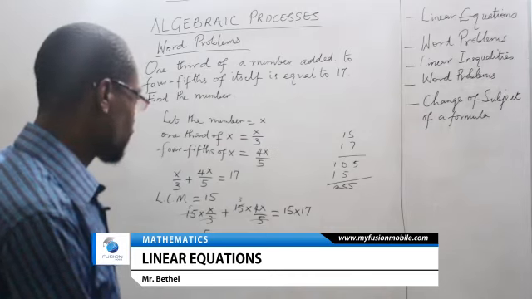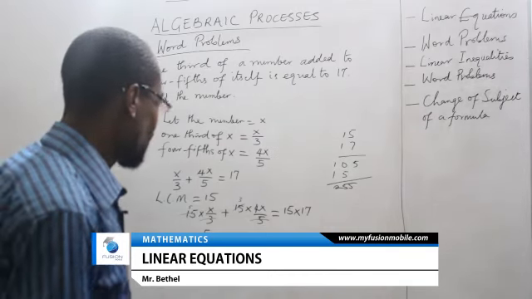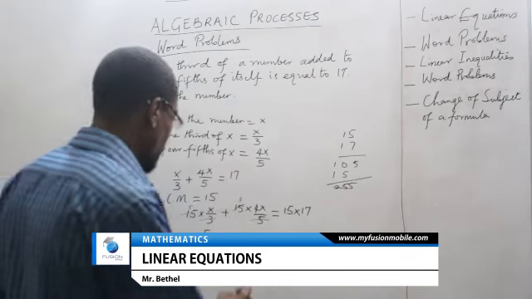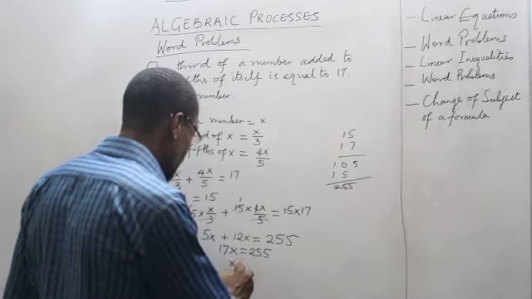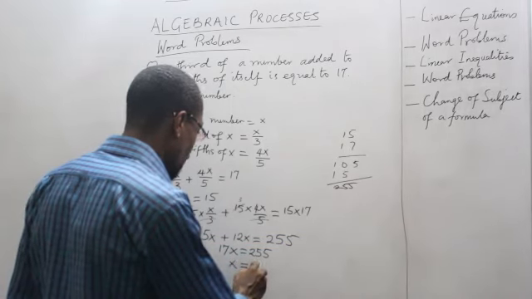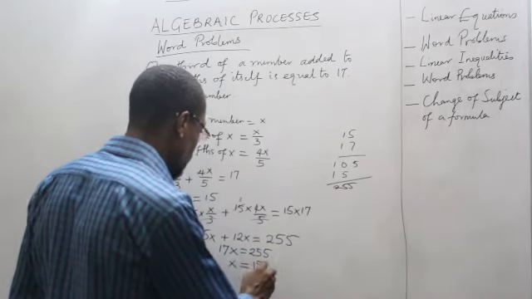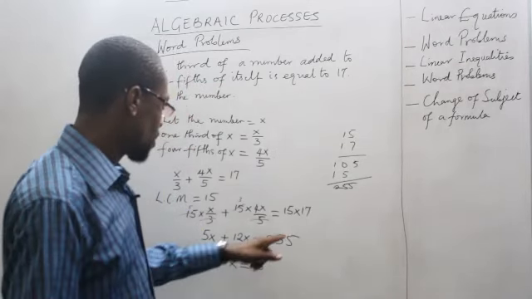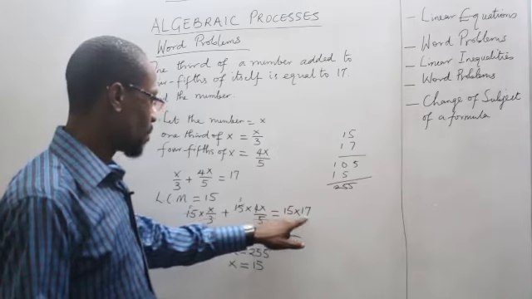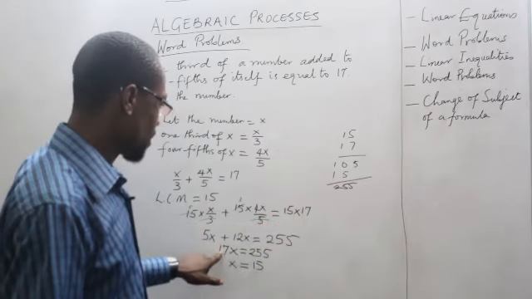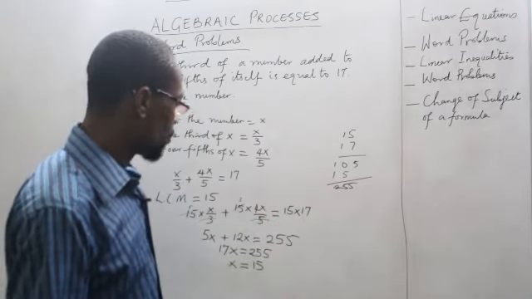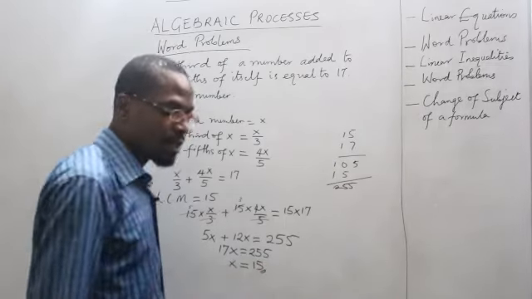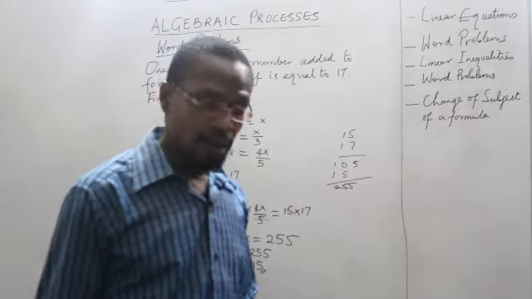And so it's very simple to know that by the time we divide both sides by 17, our answer will be what? 15. Yes, our answer has to be 15 because it was 17 that multiplied 15 to give us 255, and the same 17 here is dividing 255. So our final answer is 15.